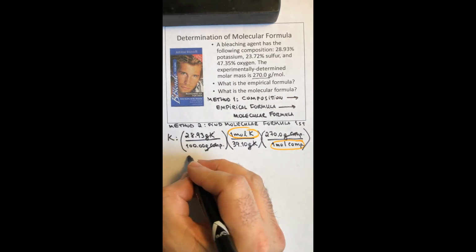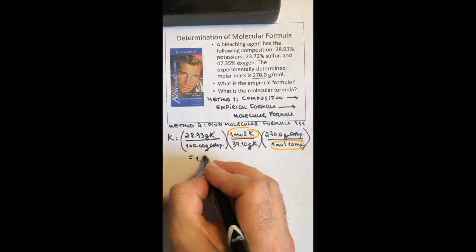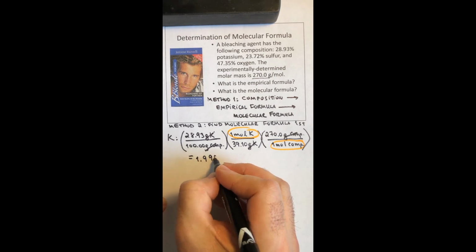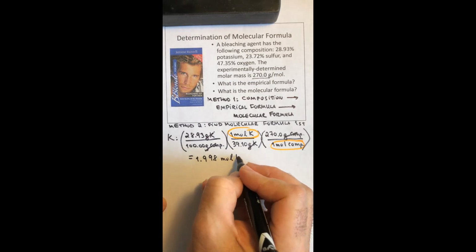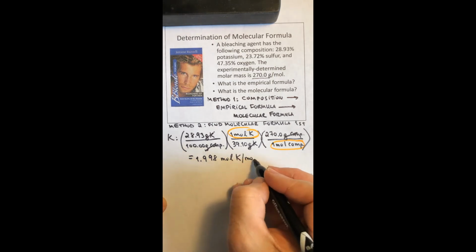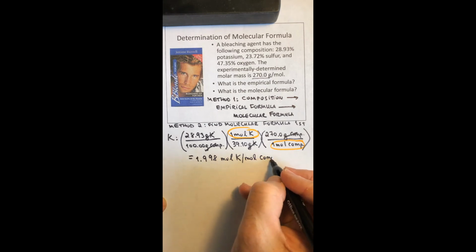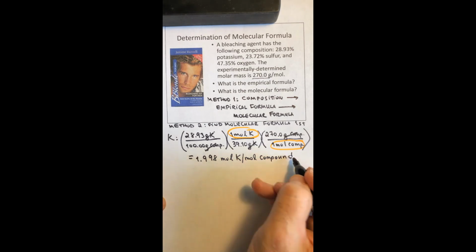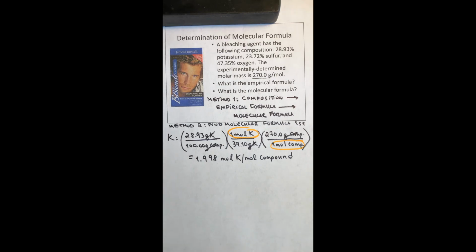When I do this calculation, actually I get 1.998 moles of K per mole of compound. See? So I already know that in a mole of compound, there should be pretty much 2 moles of K.